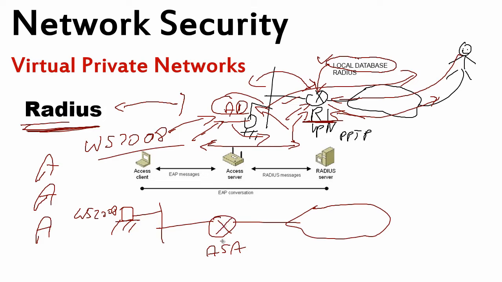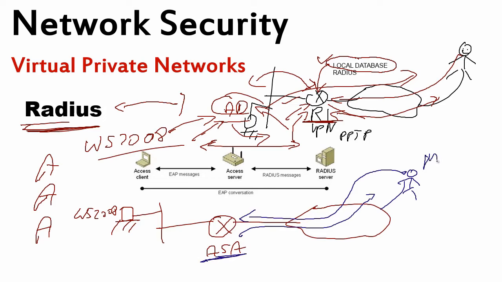ASA is not going to authenticate a user who wants to VPN to the network. It works like that. You're trying to connect to the ASA, and ASA says, well, what is your username and password? And you say, well, my username is Mike and password is Cisco, right?